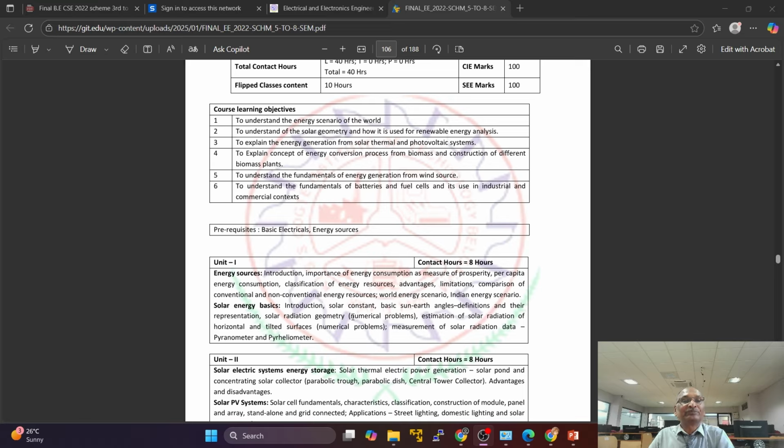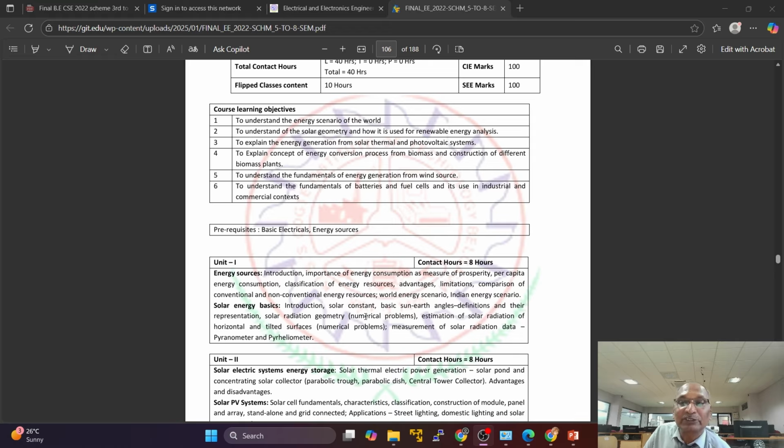We will also look at the world scenario and, in the Indian context, how the energy scenario is. Similarly, in solar energy basics, you need to study what the solar constant is, how the sun-earth angles work, and the definitions of their representations. Solar radiation, and how irradiation helps to find the power to be tracked from the solar.